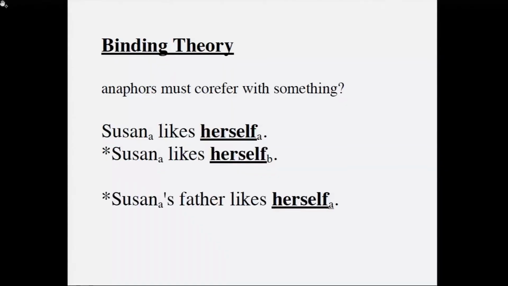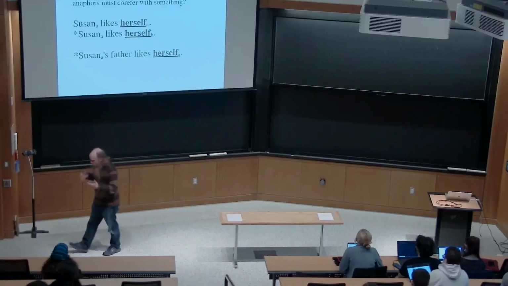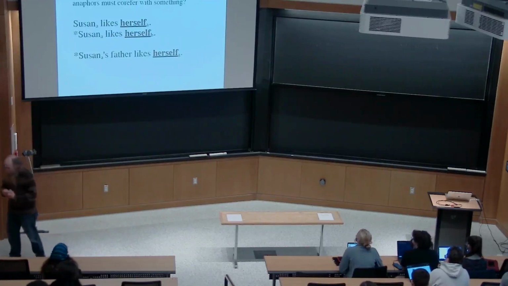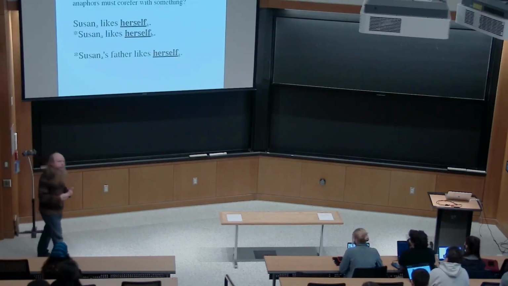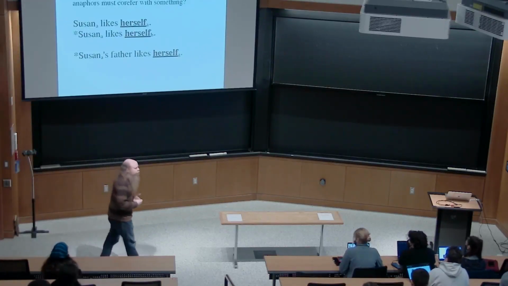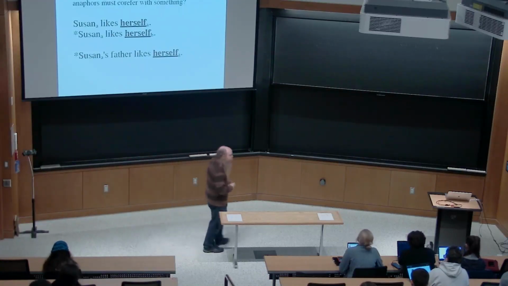When we did binding theory before, we already got this far. A word like herself has this special property that it has to co-refer with something else in the sentence. But an interesting fact is that it can't just refer with anything. And this is why there's a theory. You have to do some work to figure out which kinds of things it can refer to.